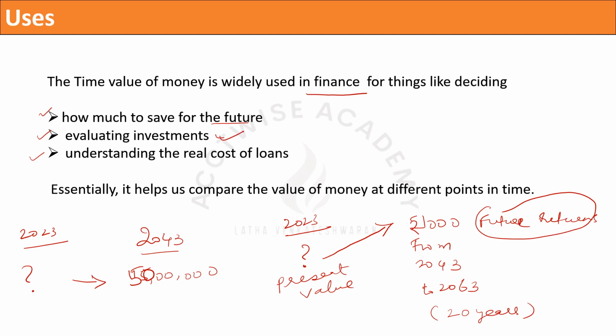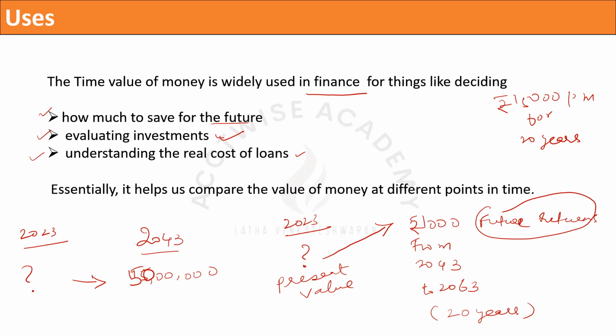Next, for understanding the real cost of loans. It helps borrowers and lenders assess the present value of future loan payments, allowing for informed decisions about borrowing or lending money. Suppose I can pay rupees 15,000 per month for a 20 year period of time.